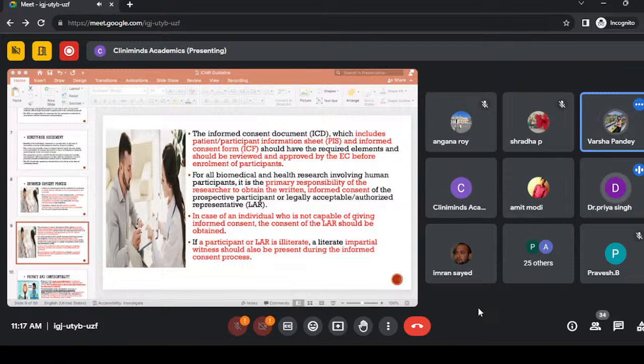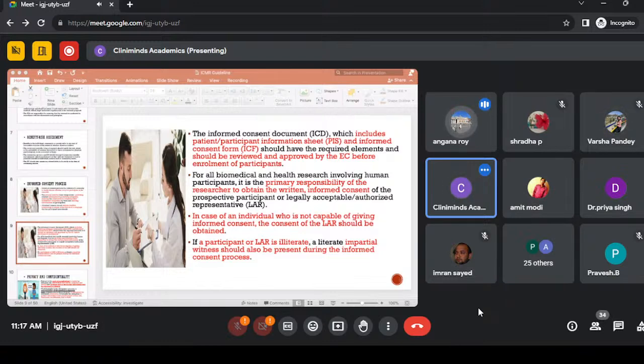A person who sees the process and will clarify and prove that the process is done. Yes. In illiterate cases, as per the family member. So impartial means the person who is not biased.